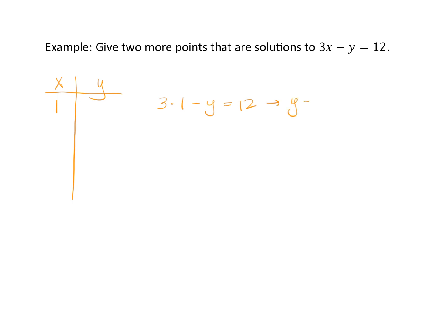And the y value that would make that true would be -9. 1, -9. And then maybe I could make y 0. If I make y 0, I can figure out what x will make the equation true. So I have 3x minus 0 equals 12. And when I solve that equation for x, I get x equals 4. So there's two more points, 1 comma -9 and 4 comma 0, that are solutions to that equation.